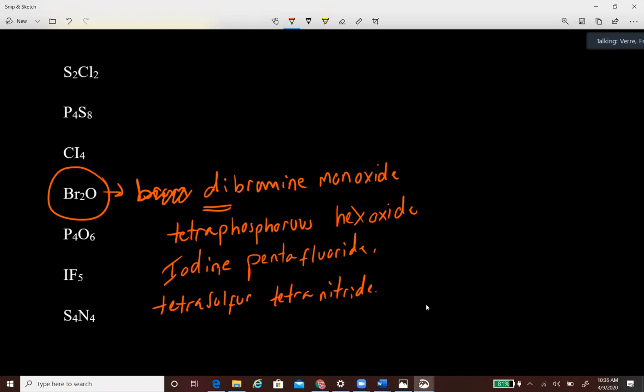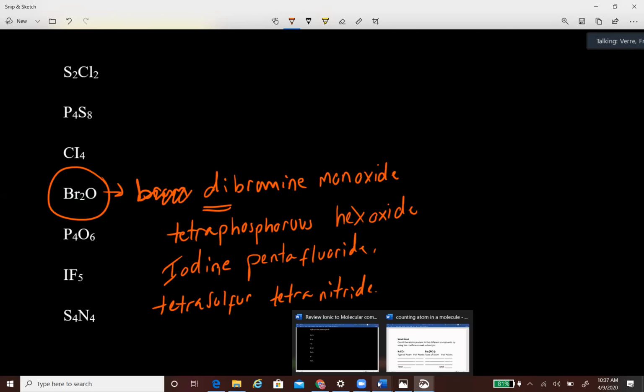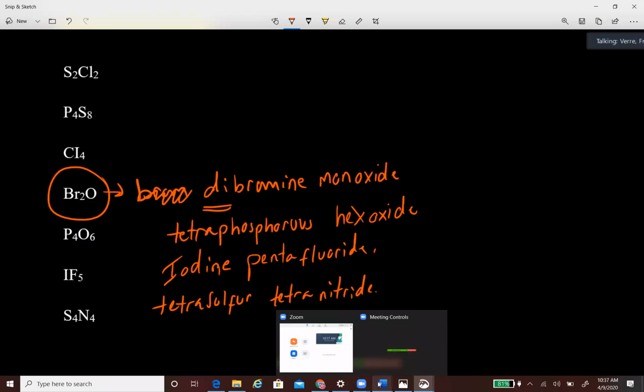But this is important, because the thing about chemistry is if one part falls apart and you don't know how to go from the name to the formula to the name, then it's going to mess up the next part. In the next part, we're going to talk about how to go from naming something to what's called balancing an equation.